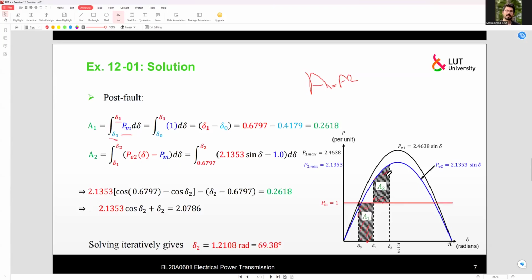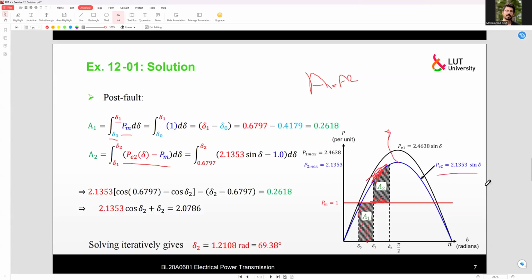And the delta 2, sorry, the A2 is the region between this figure here and this one. So it should be PE2. This figure is for the post-fault condition, right?